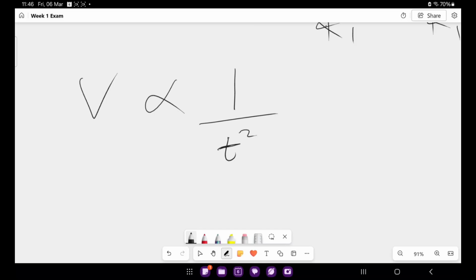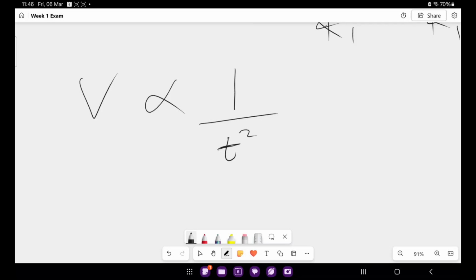It's different in a scenario whereby they tell you to express v in terms of t and they didn't include k.